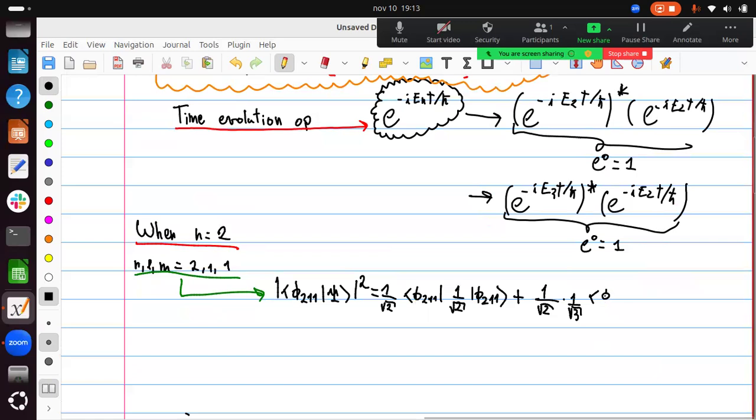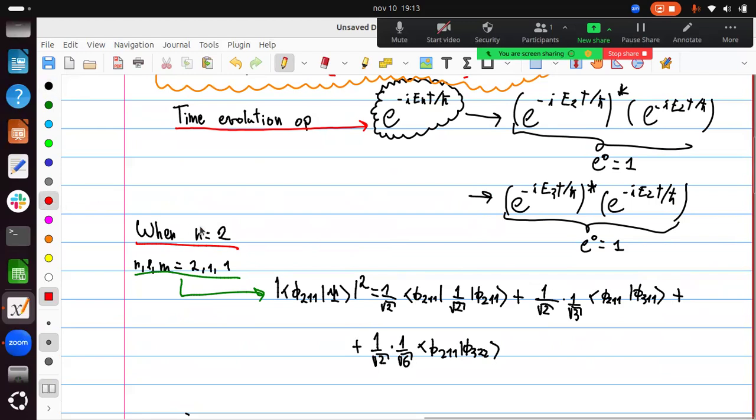and P211 with P311, plus 1 over the square root of 2 multiplied by 1 over the square root of 6, and this with the bra P211 and the ket P322.